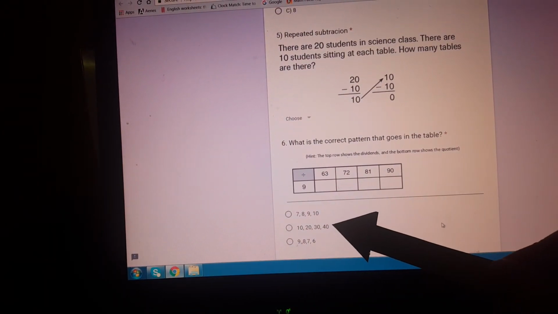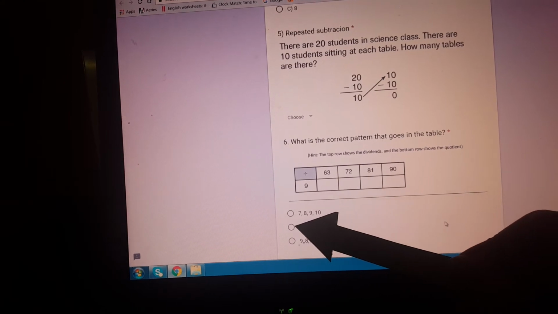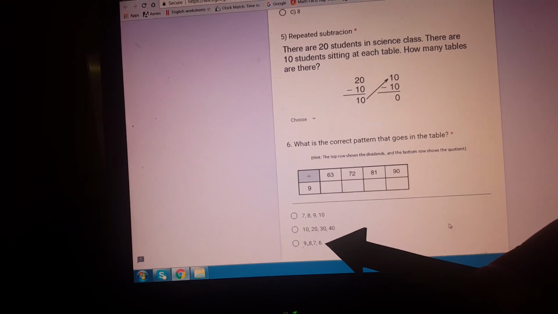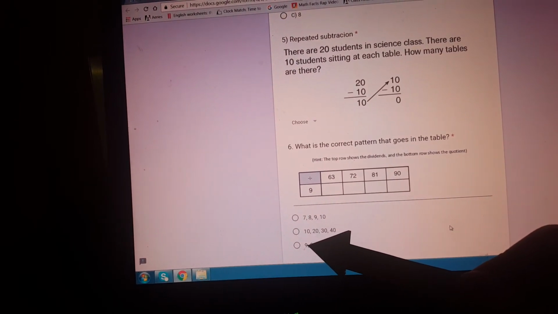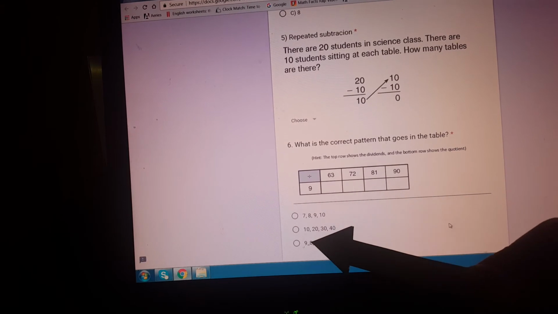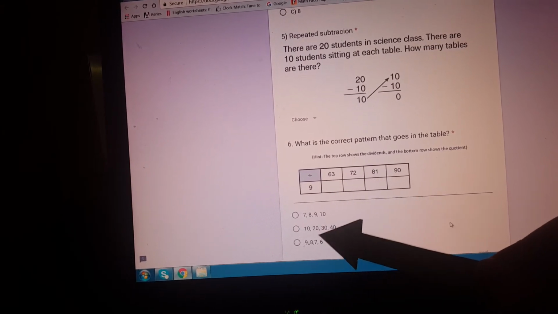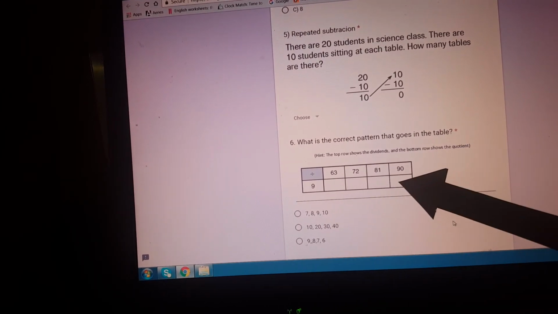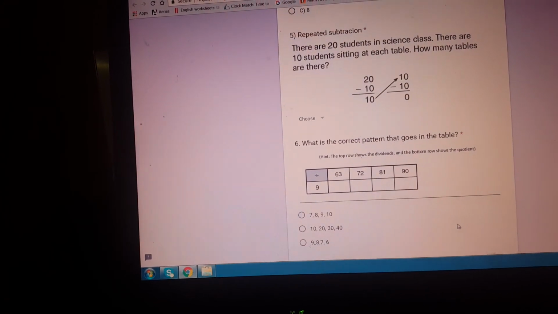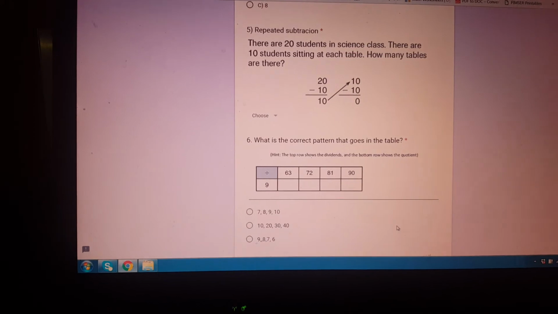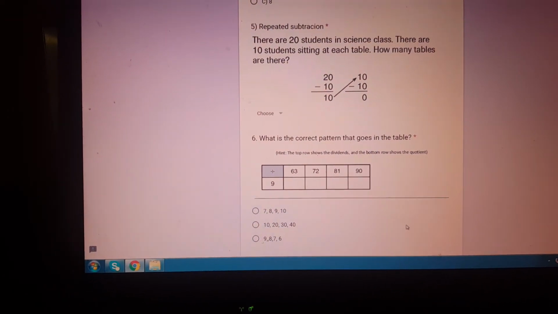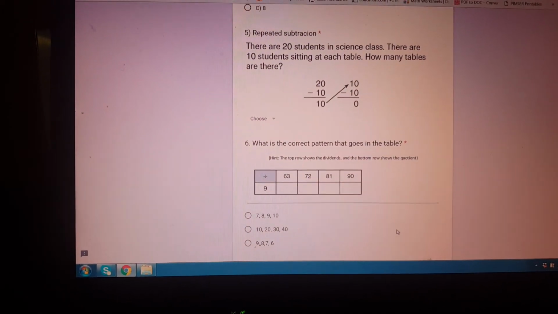If you want to choose this one, click the button. The last response says 9, 8, 7, and 6. So if you click here, you're saying that this goes in that box, this goes in that box, this goes in that box, and this goes in that box. Show some evidence in your journal. And we are moving on. Pause the video if you need time to show more work.